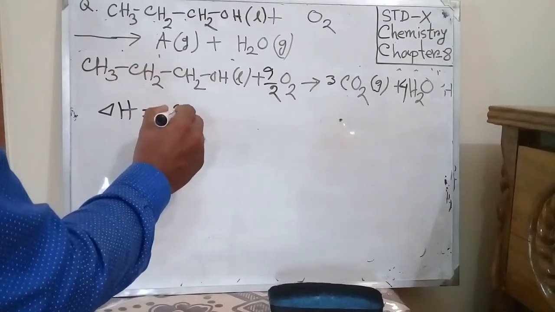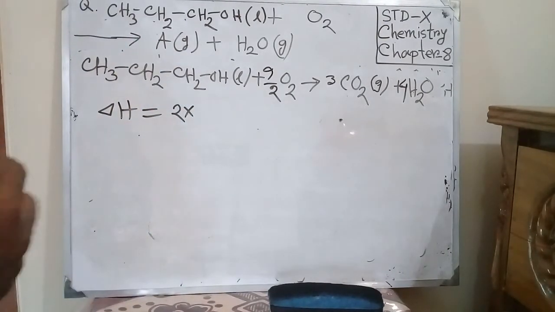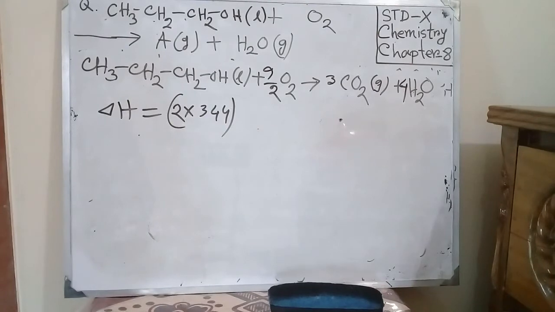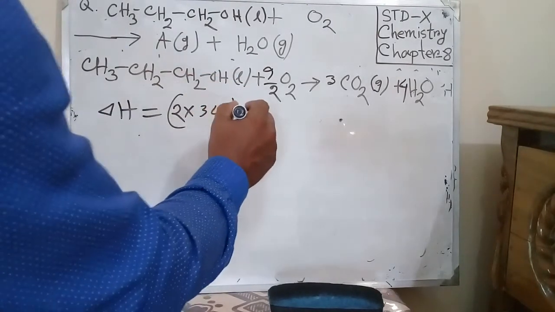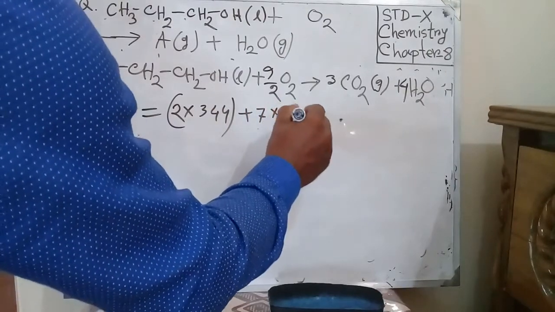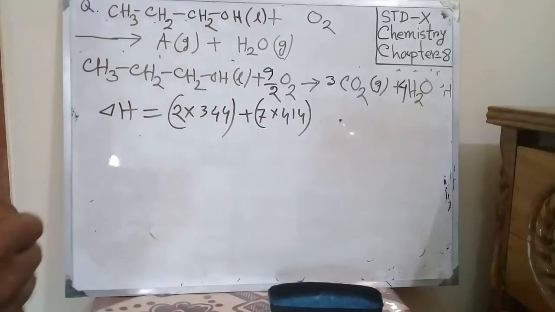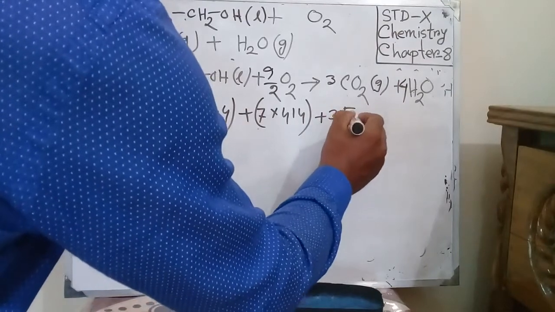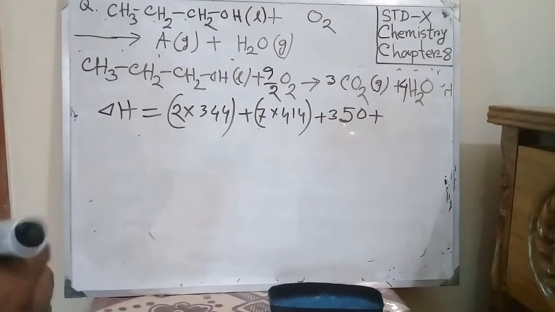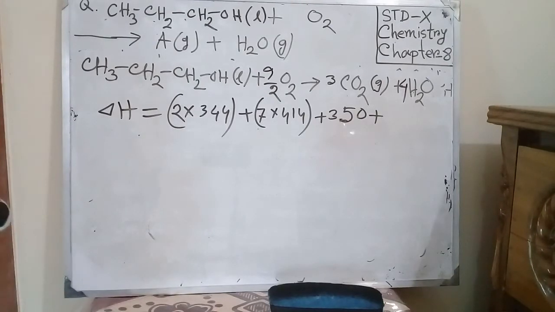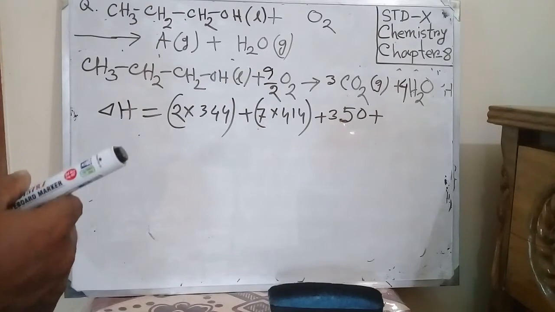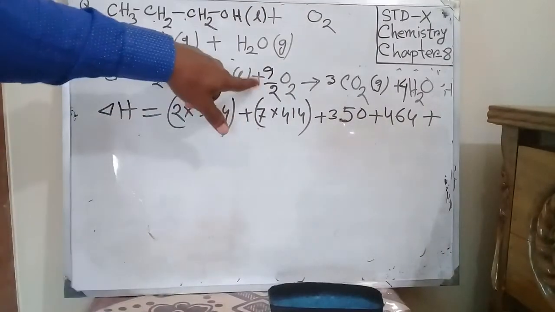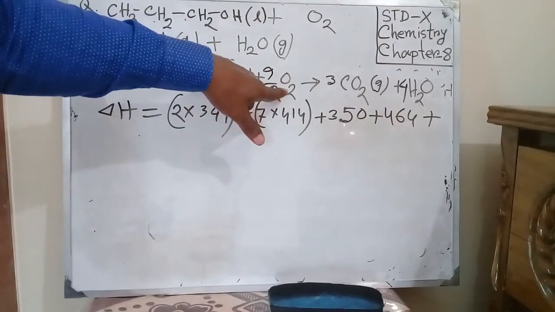So 2 carbon-carbon bonds, so we can write 2 into 344, and 7 carbon-hydrogen, we can write 7 into 414, because the value of carbon-hydrogen is 414, plus 350 for carbon-oxygen and 464 for oxygen-hydrogen, plus, then for oxygen, what's the bond energy of oxygen?